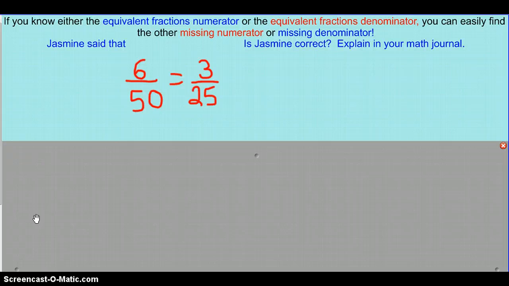Now let's see if Jasmine's right. If you know either the equivalent fraction's numerator or the equivalent fraction's denominator, you can easily find the other missing numerator or missing denominator. Jasmine said that 6/50 is equal to 3/25. Is Jasmine correct? Explain it in your math journal.